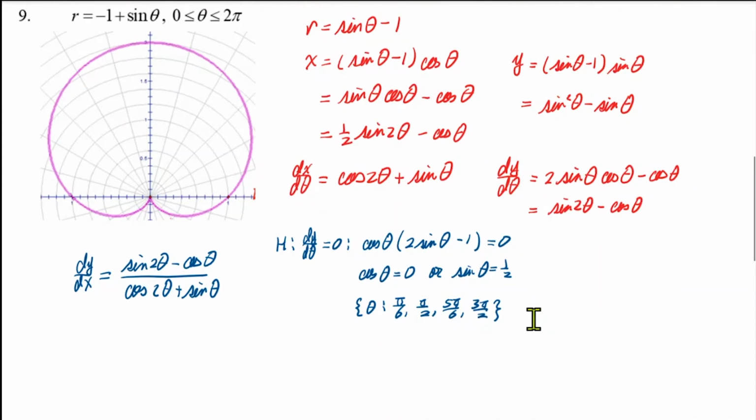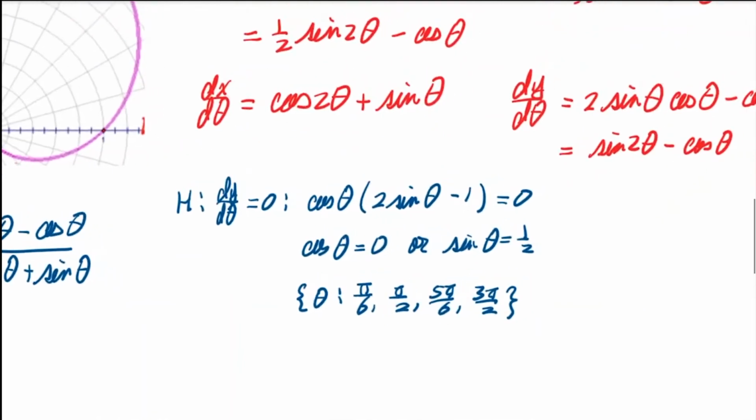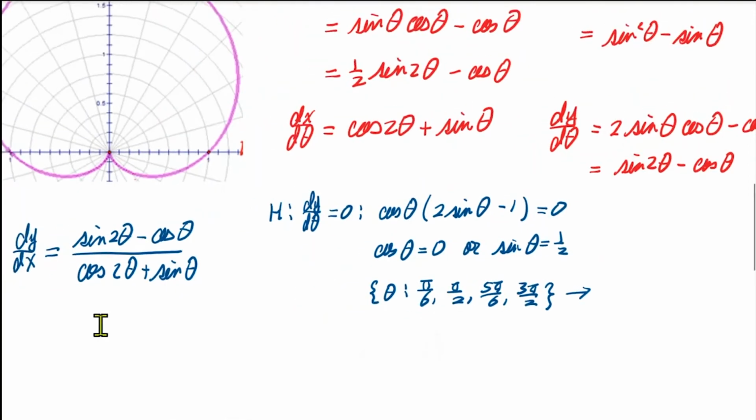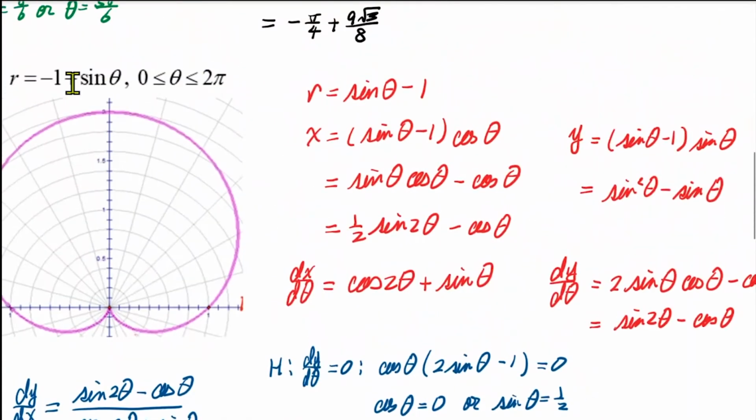Okay, and looks like they want the equation of the tangent line. So let's get that. So here, pi over 6 and 5 pi over 6. If you plug it into this, you are, right?